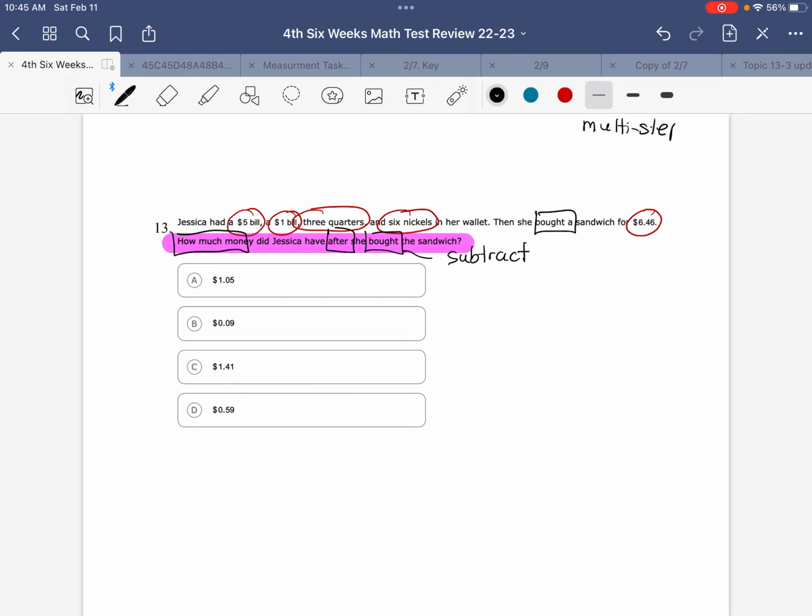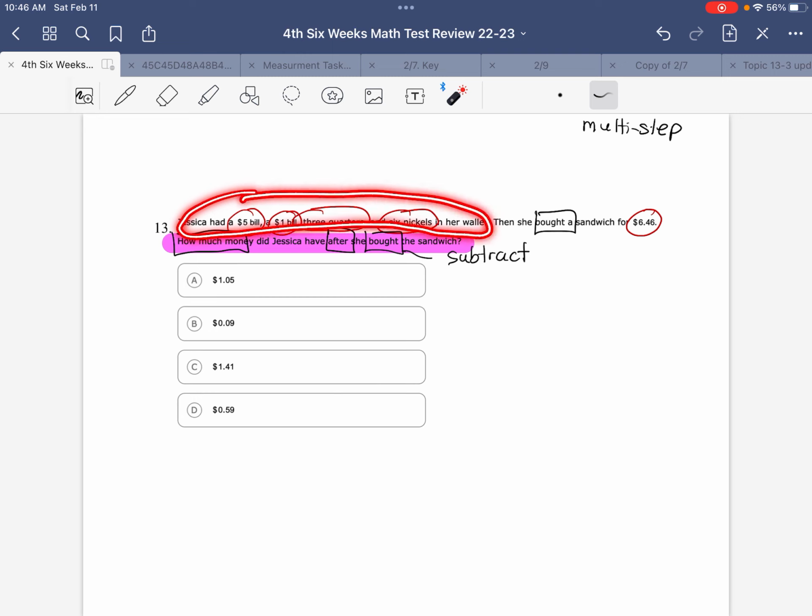Going back to the first thing it says, Jessica has a $5 bill, $1 bill, 3 quarters, and 6 nickels in her wallet. First, I need to figure out how much money she has in her wallet, because they're not really telling me. I got to add everything. So take it step by step.